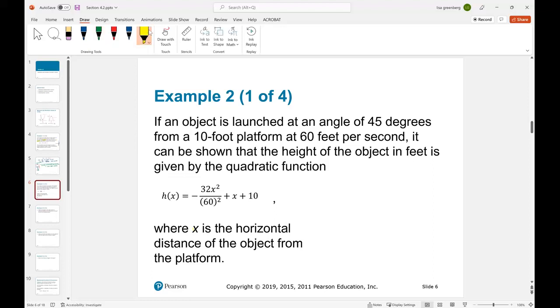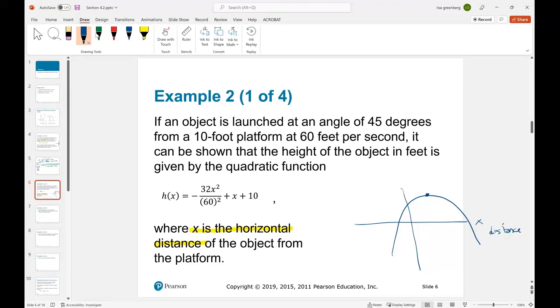So it says x is the horizontal distance of the object from the platform. So for example, we can tell this is going to be a parabola and it is going to open down. So right here, this is x, and x is distance from the platform, right?